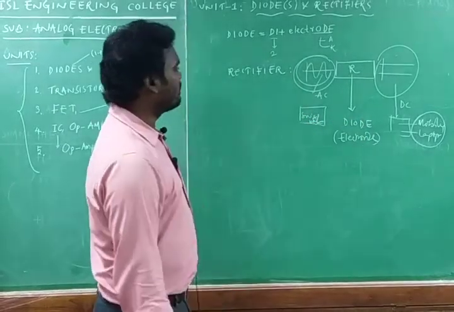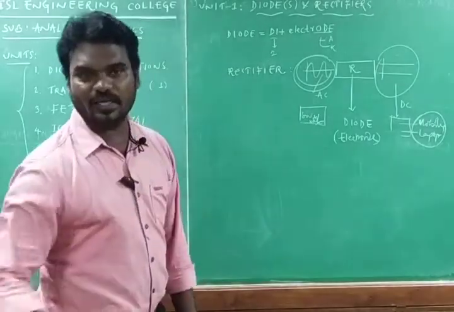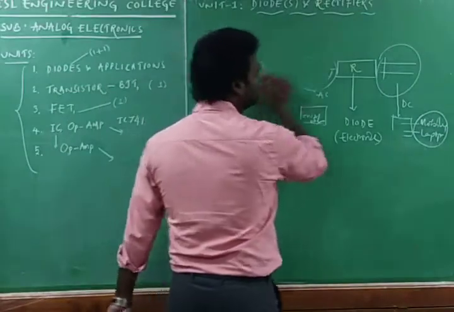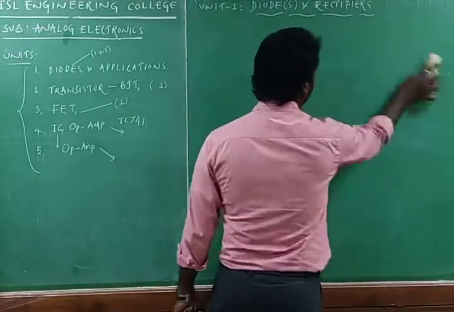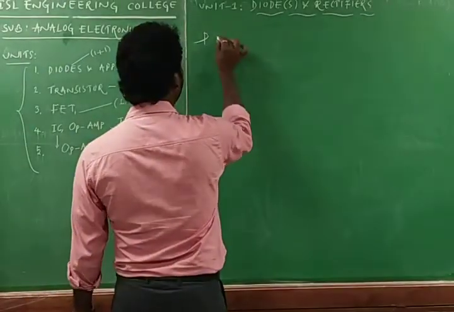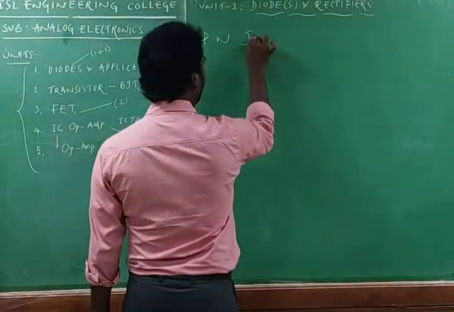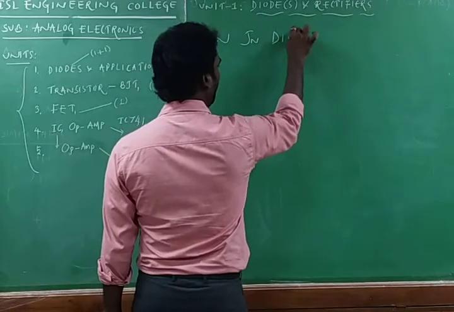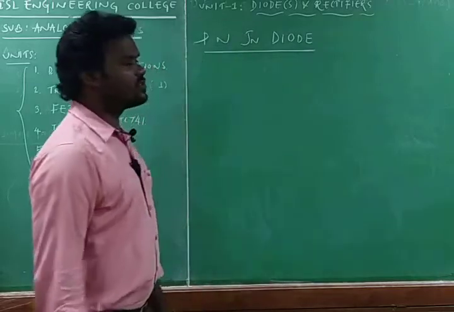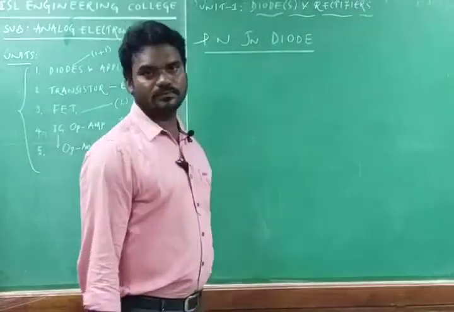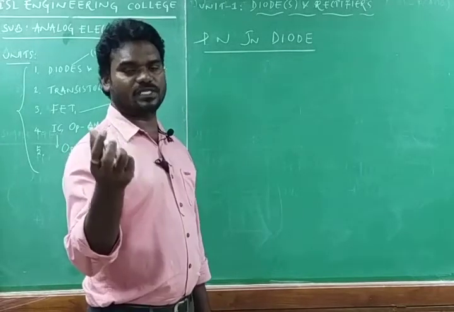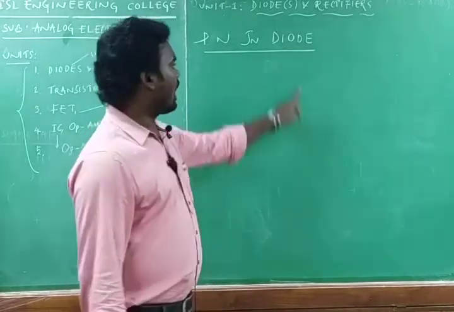Now we go to the first topic in the syllabus, the PN junction diode. We know the definition of a diode: an electronic component with two electrodes, anode and cathode.